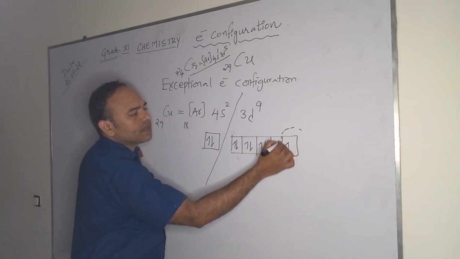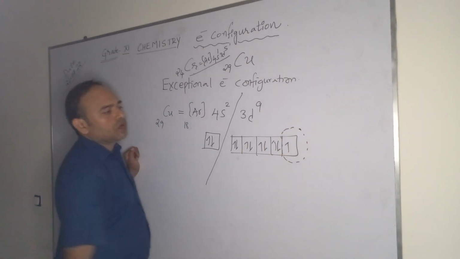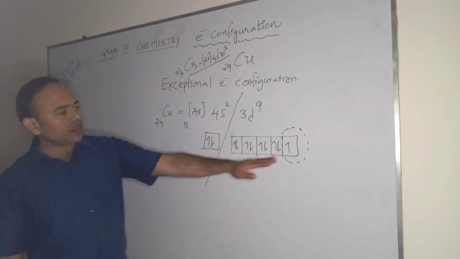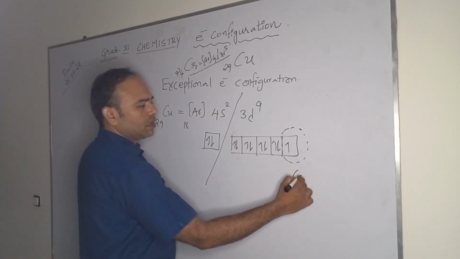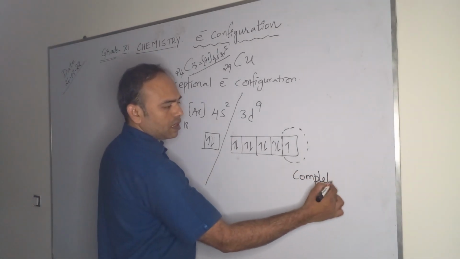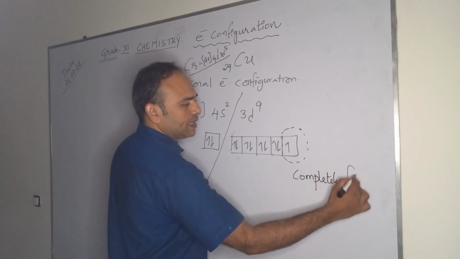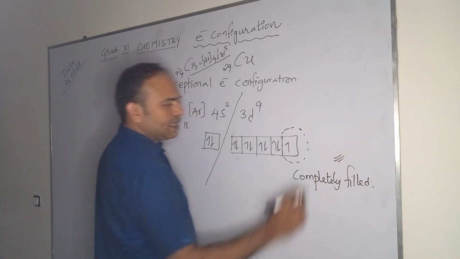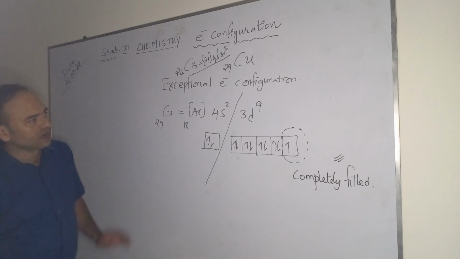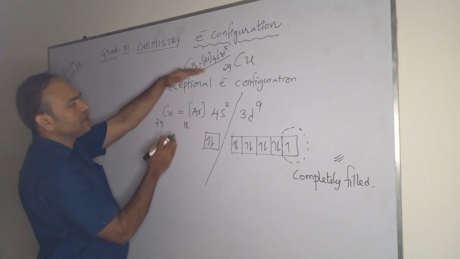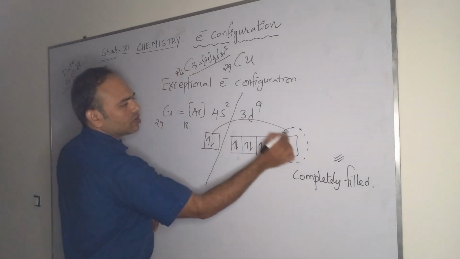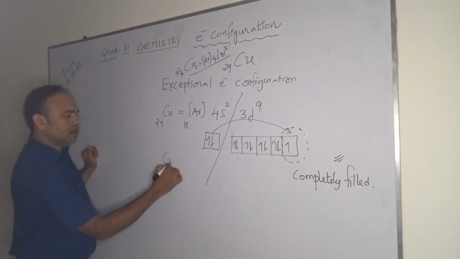Now the problem comes here. There is no 10th electron. If at all you would have got that, that is nothing but completely filled, it will definitely gain extra stability. For that reason, what happened? The same thing as happened in chromium, the electron will be excited.